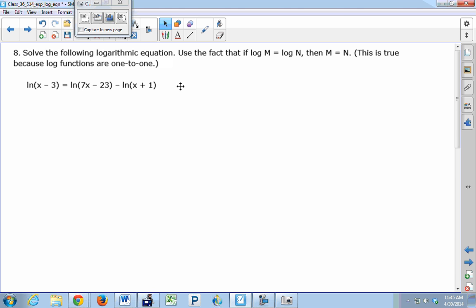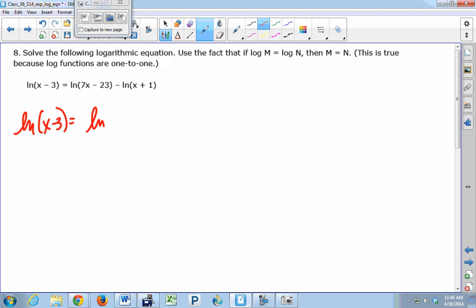So this uses one of your other log properties. When we subtract logs, we were originally dividing the 7x minus 23 by the x plus 1. So we put the single natural log in front always, and we say 7x minus 23 over x plus 1. All right. So this looks like log of m.